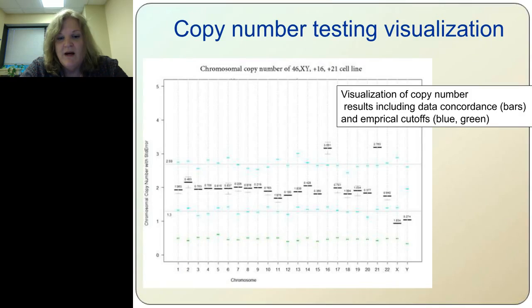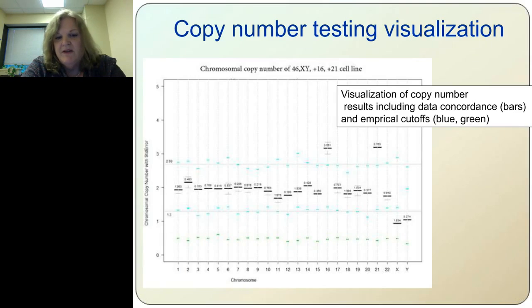And you can see X and Y there are monosomies, meaning this is a male. It's a sexed male sample, and those were our monosomies. And the little numbers above each one is the z-score deviation from the normal reference distribution of copy number 2 chromosomes. So it helps in decision making for the cytogeneticist.